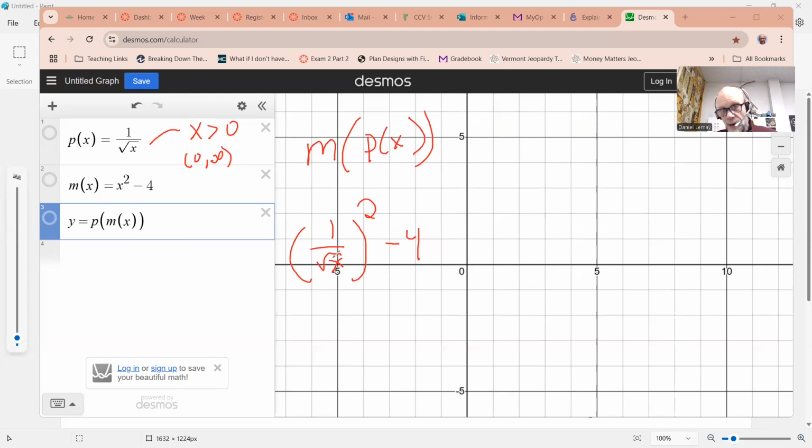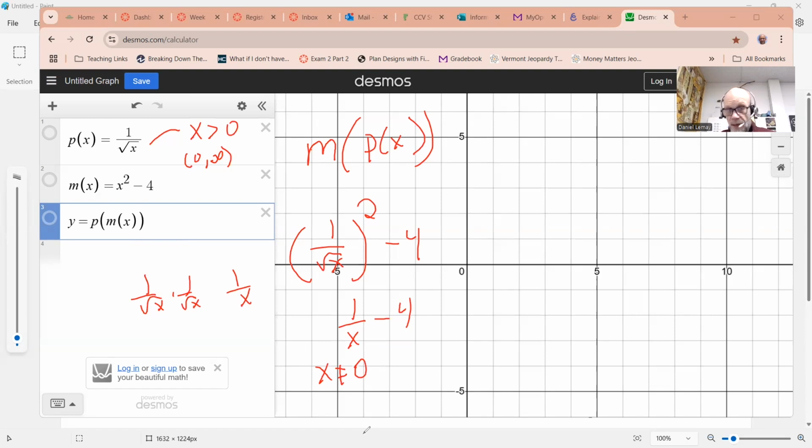Now, if we square this, it says square it, so 1 over the square root of X times 1 over the square root of X, well, that's 1 over X, right? So this function looks like this. So you would think, looking at that function, X couldn't be equal to 0 and would be good.